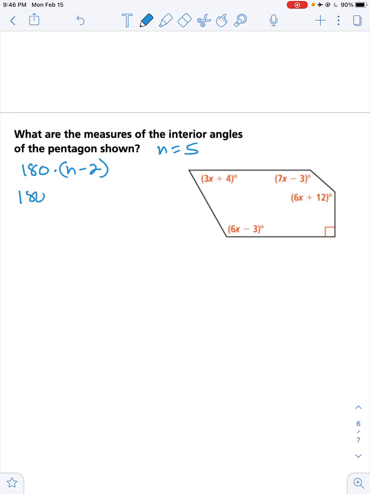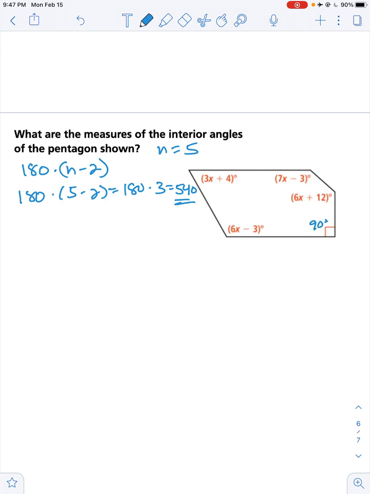Okay, so then I'm going to have 180 times 5 minus 2, which is the same thing as 180 times 3. 180 times 3 gives me, I think 540. Yeah, 540. So that means that the sum of all of the angles is 540.